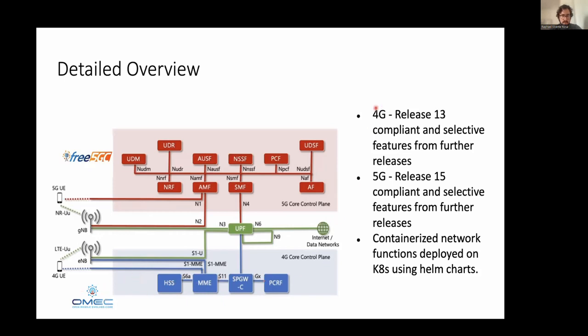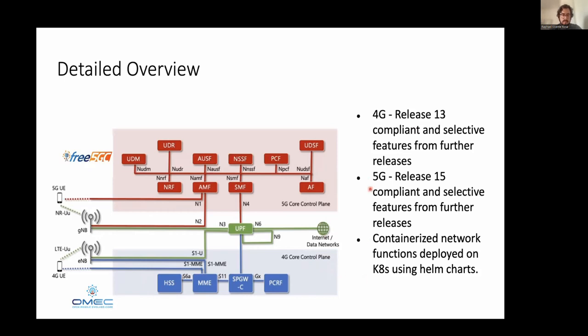The 4G core is fully compatible with release 13, and there are other functionalities from later releases that were implemented in the core control plane, as they were needed by the project itself, by the development of features, not only in SD Core but also in the Aether management platform that I'm going to be talking about later.